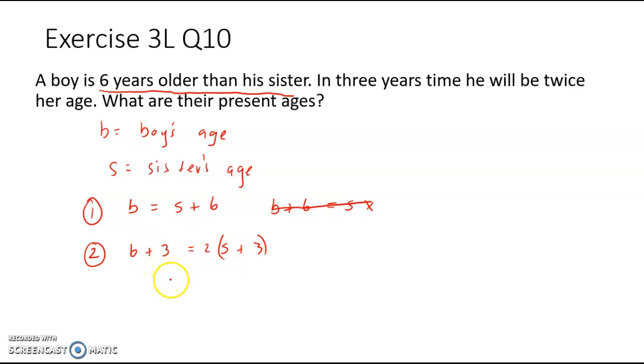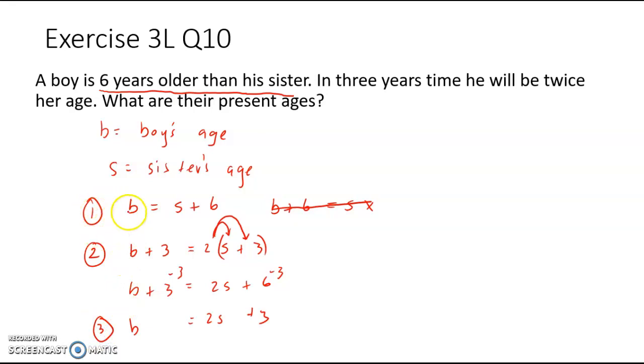Okay, so now we just need to do a little bit of algebra. I'll expand these brackets here. So b plus 3 is equal to 2s plus 6. Take 3 from here and bring it over there. So we'll get b is equal to 2s plus 3. We'll call that my equation 3.